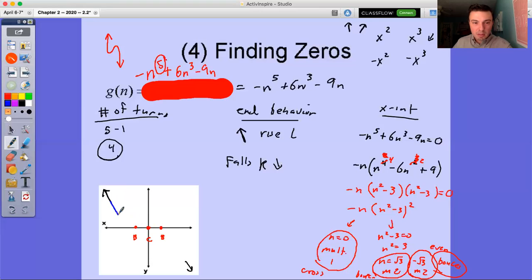So we know we're going to bounce off that one and then cross there and then bounce again and then connect with our other 0. Let's count how many turns we have to confirm our answer. We're starting going down, so I got 1, 2, 3, 4 turns. And we're done.